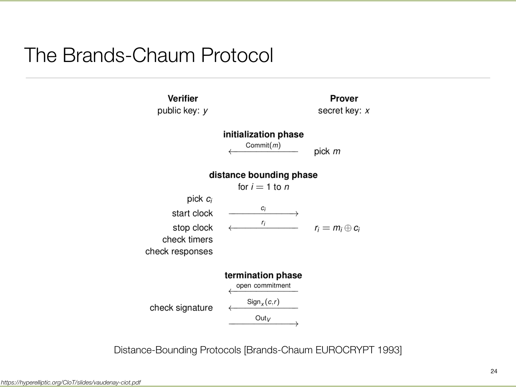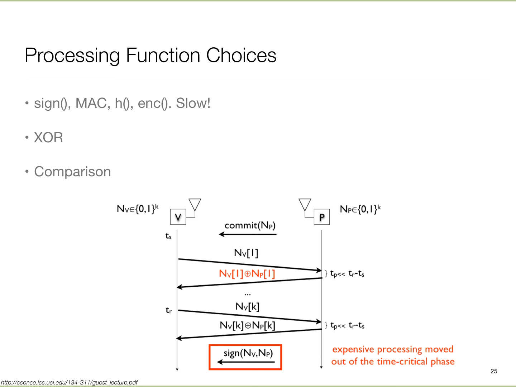It in turn depends upon various crypto functions. Some of these things, like signing and encoding, are quite slow. The main thing is that the XOR operation can be done pretty fast.